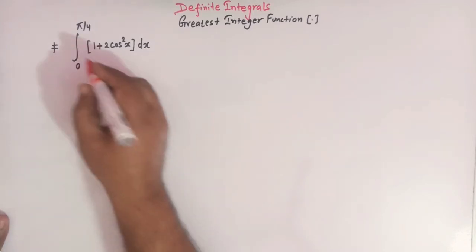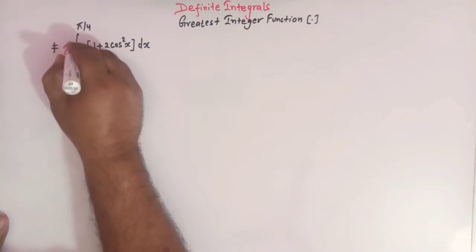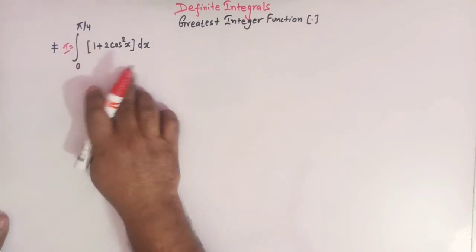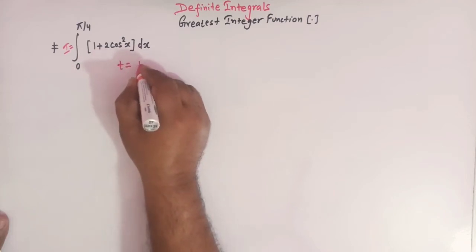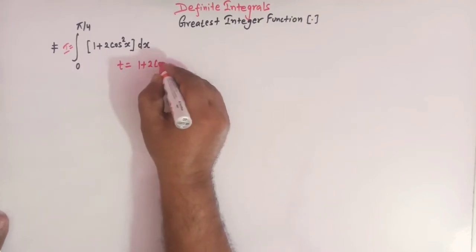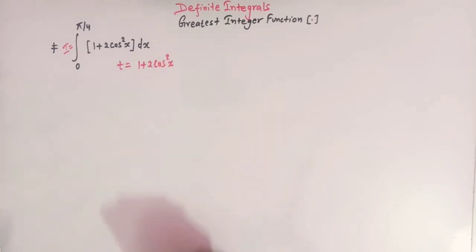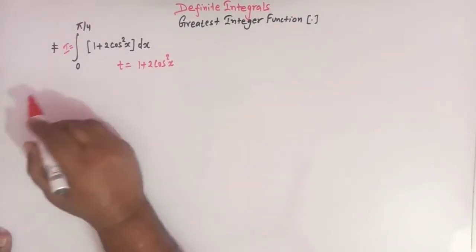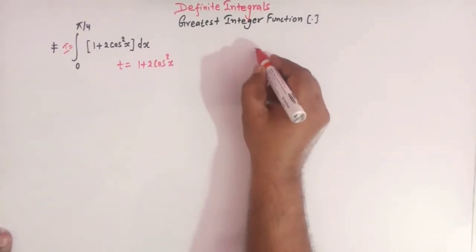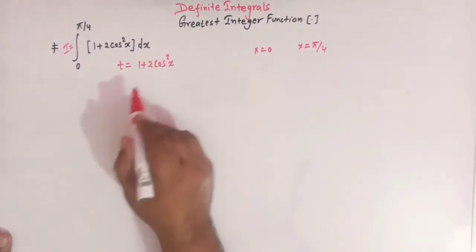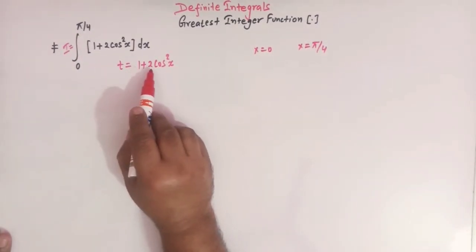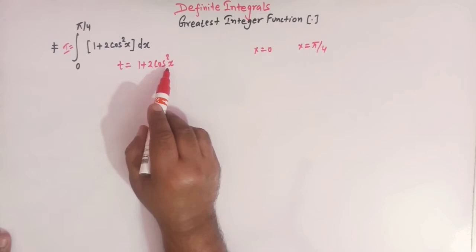Let us first take this integral as I, and we'll take the substitution t is equal to 1 plus 2 times cosine square x. Here x varies from 0 to pi by 4.